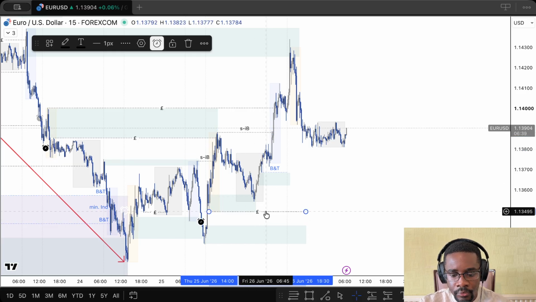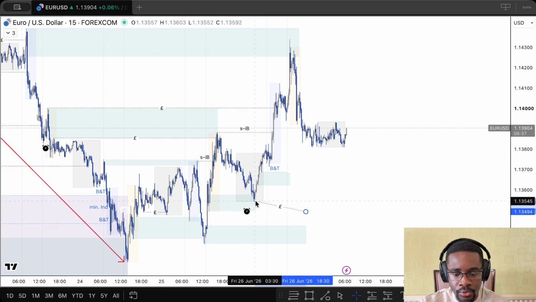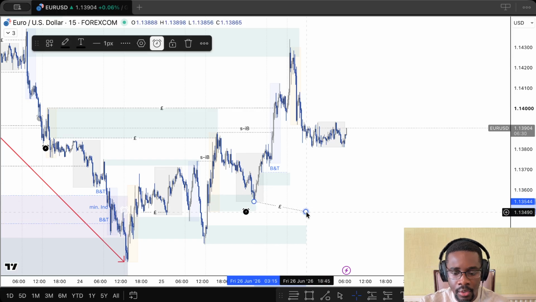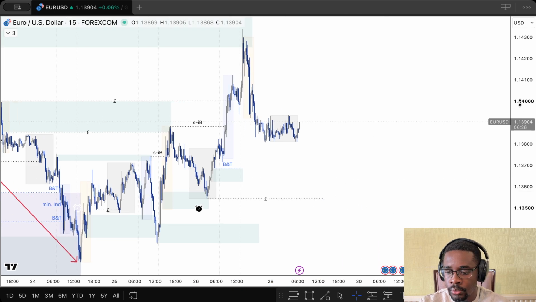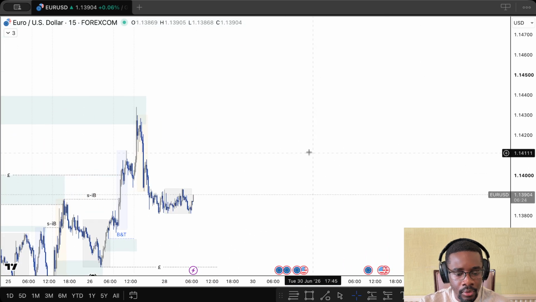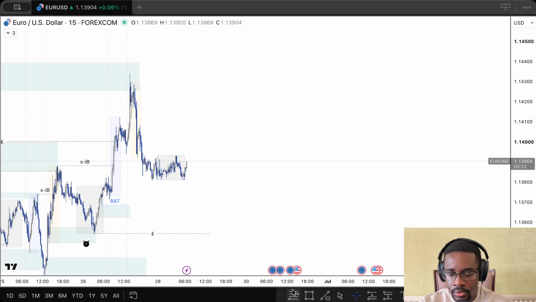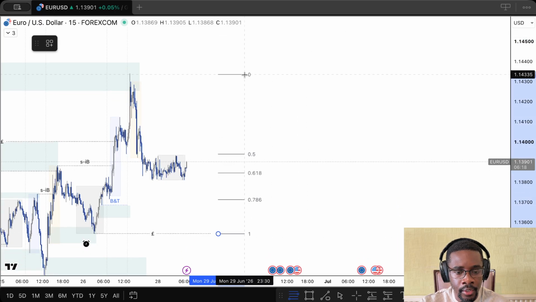this becomes my internal strong low, that becomes our external strong low, and then with this internal strong low, this is now the range that we are playing in.